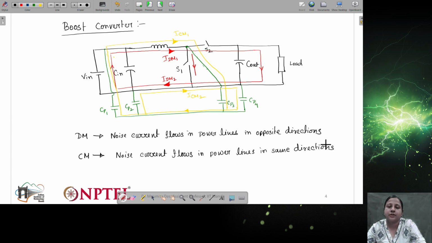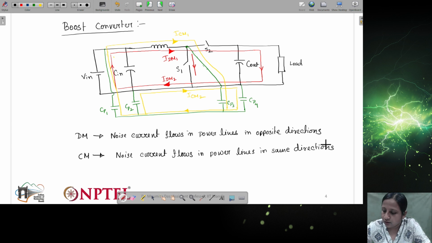That you can see with respect to ICM1 and ICM2. Okay, so these are the noises which you needed to know with respect to conductive EMI.